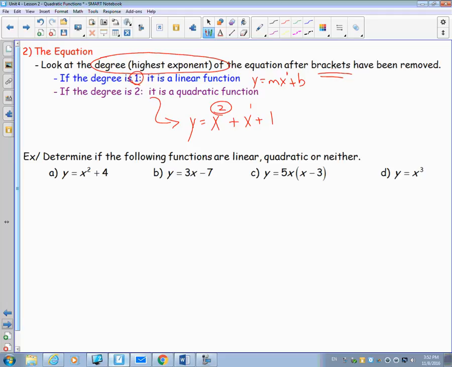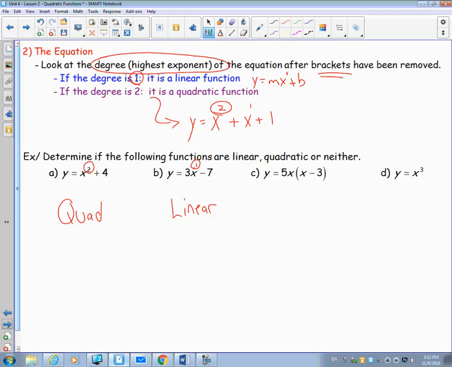So if we examine the next example, which of these are linear, quadratic, or neither? I scan the first one for my exponents. I see the power of 2. That's a quadratic. In letter B, I scan it. I see a highest exponent of 1. In fact, I recognize this as mx plus b. That's linear.